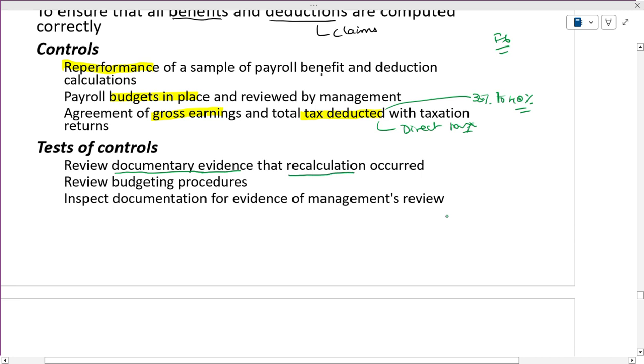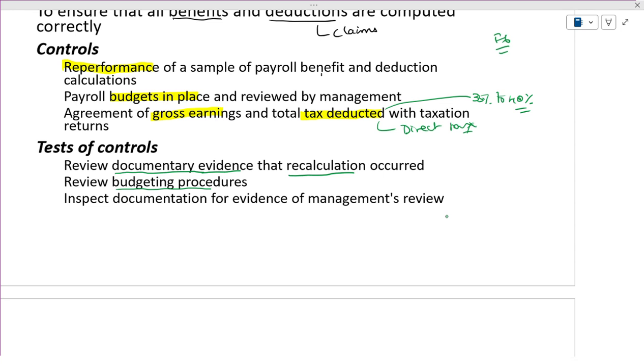Even nowadays it should be a PDF file. You will see the budgeting procedures, how they are making the budgets. This is for the benefits and deductions, especially for the benefits.